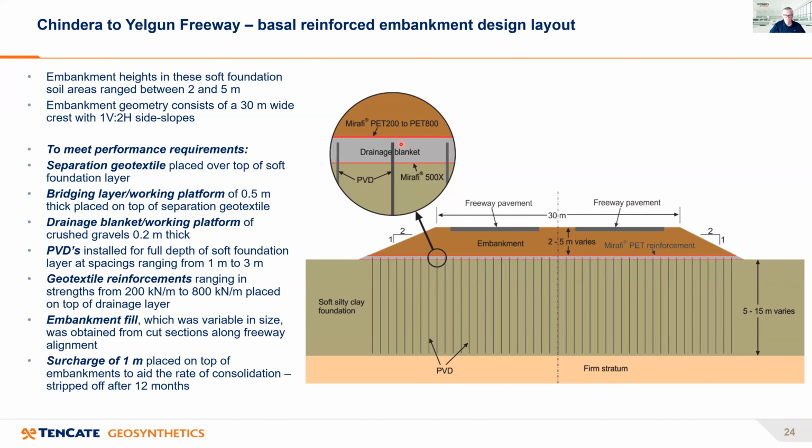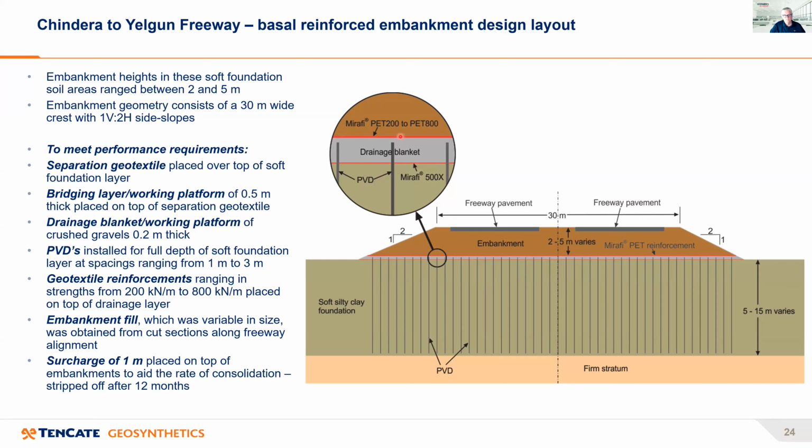And that crushed gravel was quite an expensive item, and it had to be won from cuttings further along the freeway length and crushed, so it's quite expensive. So they only put that in 200 millimeter thick lifts. Then the PVDs were installed to the full depth of the soft foundation at spacings from 1 to 3 meters.